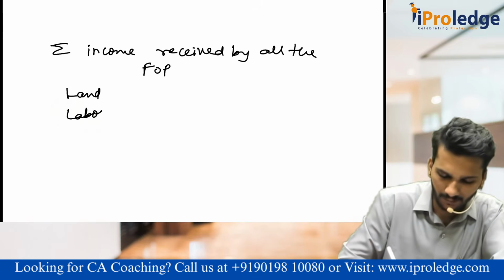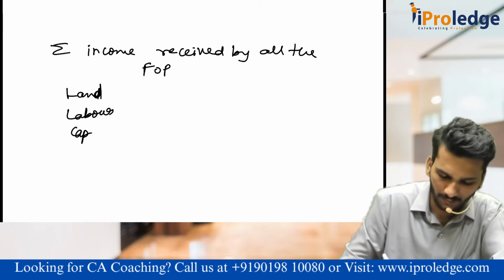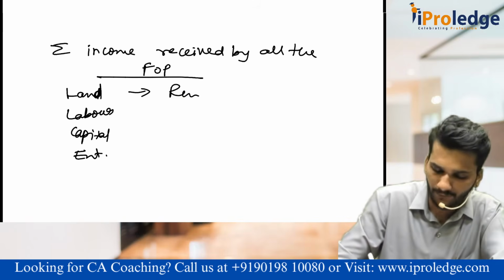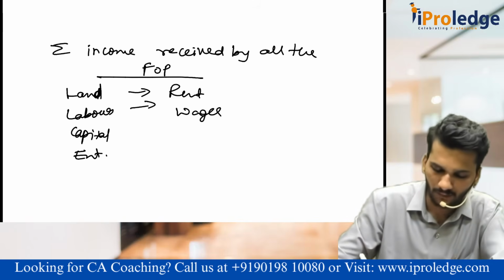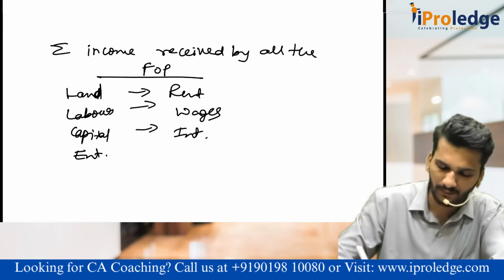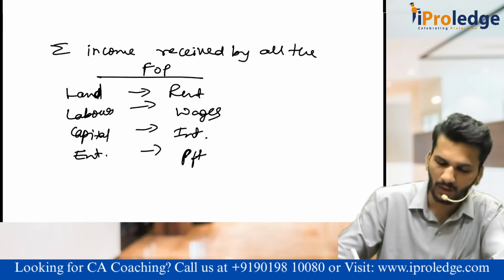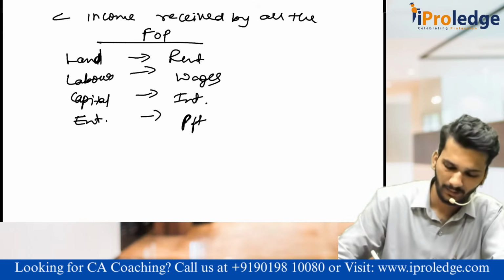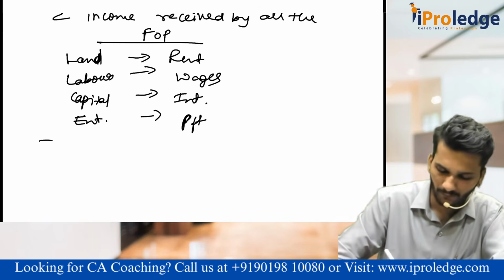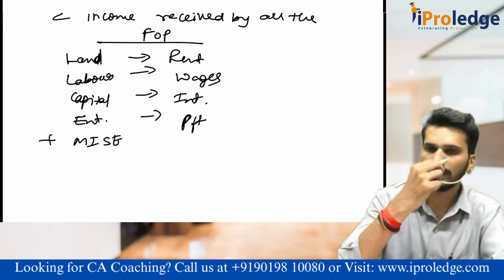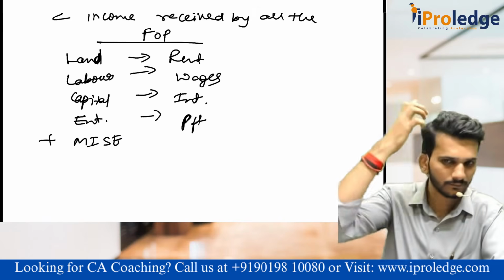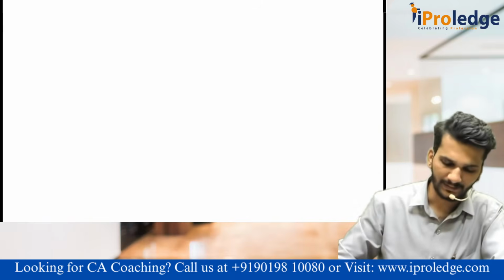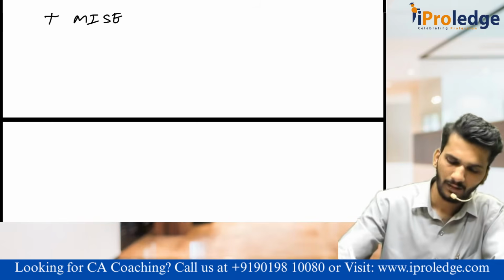Land, labor, capital, entrepreneur, for which we receive rent, wages, interest, and profit. You should not forget the other names of these: operating surplus, compensation to employees, and mixed income of self-employed. For this we have to add mixed income also. When you add all these things, we get what? Factor income. Agreed.